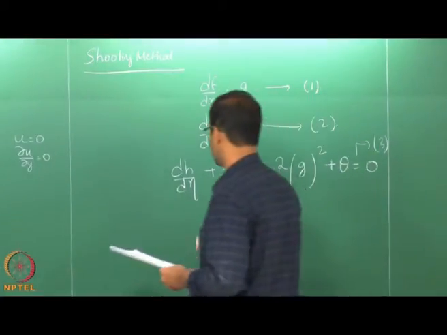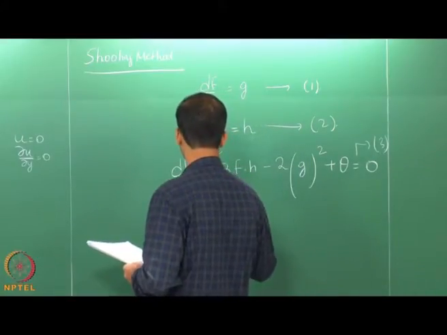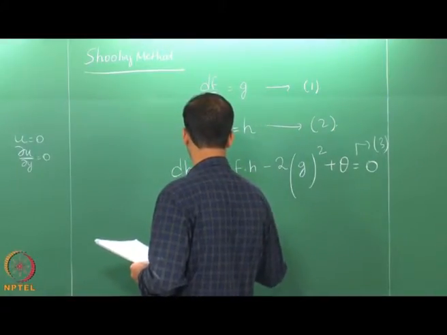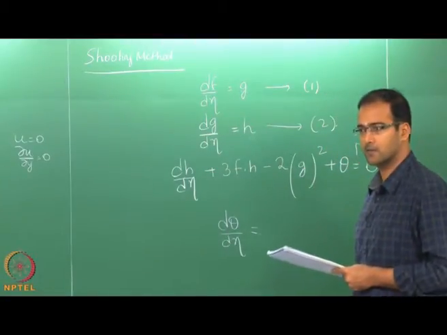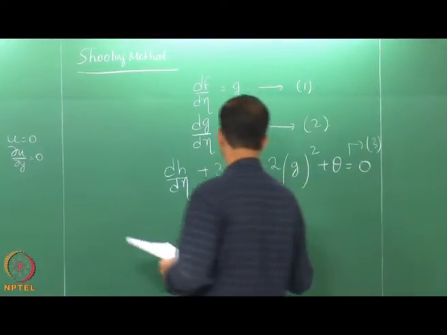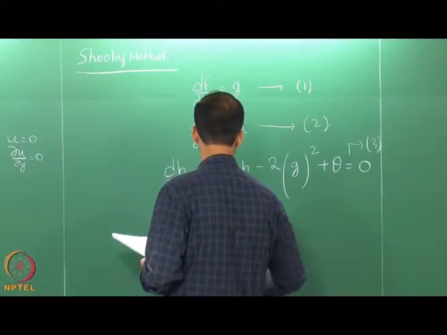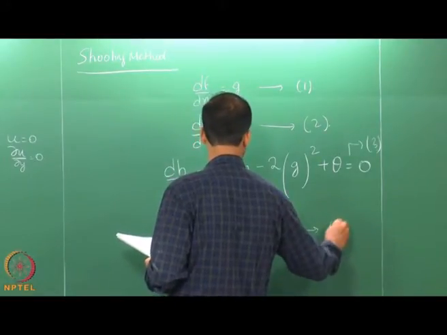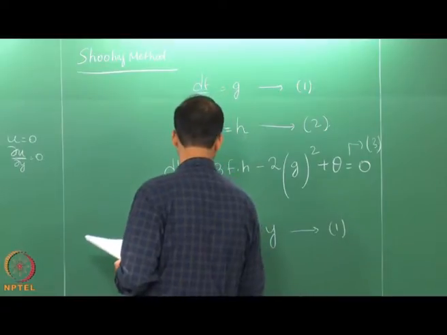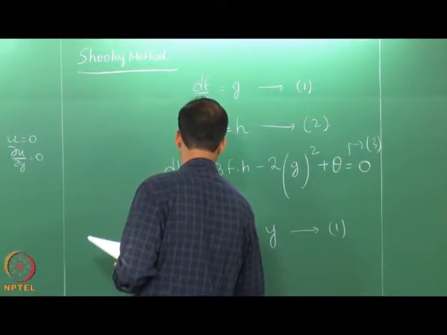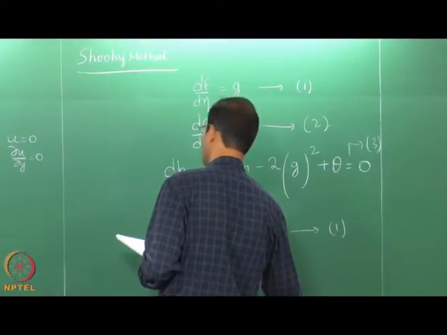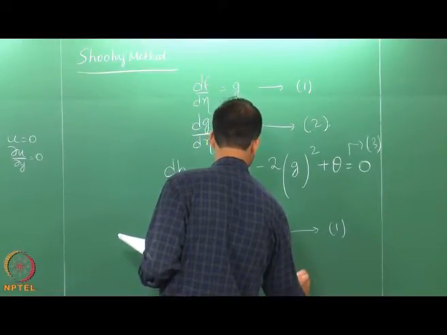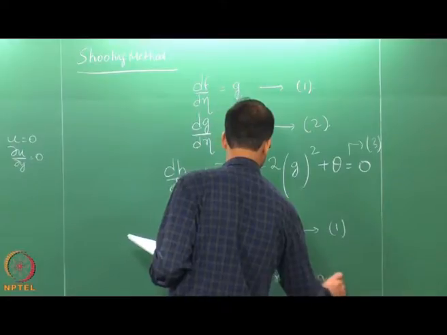Similarly, your energy equation, we can say d theta by d eta. So, what do you use generally? D theta by d eta is equal to, let us say something like y. Okay. This is your first order ODE. Next you have dy by d eta plus 3 Pr f into y is equal to 0.